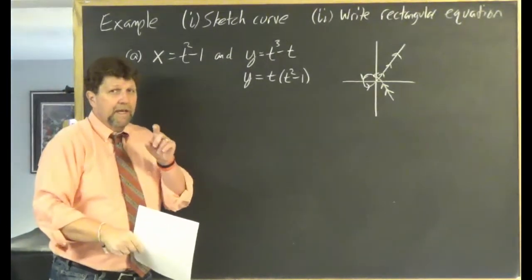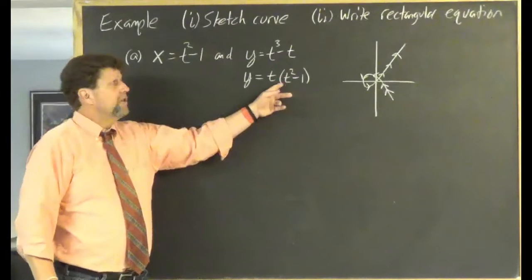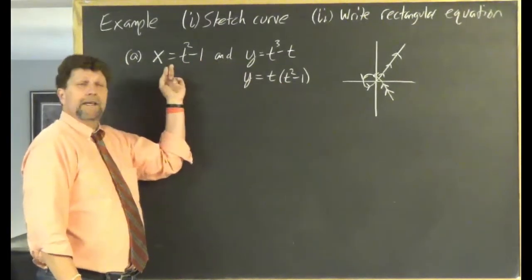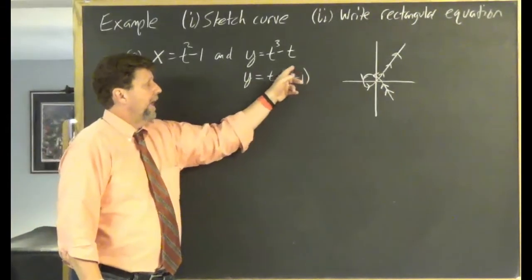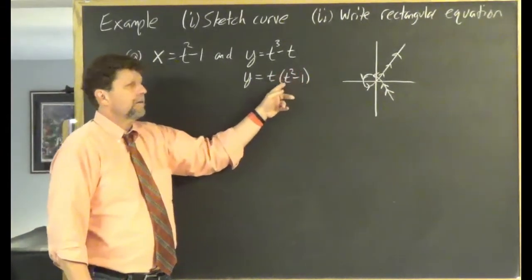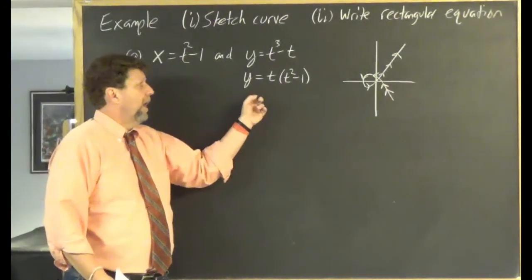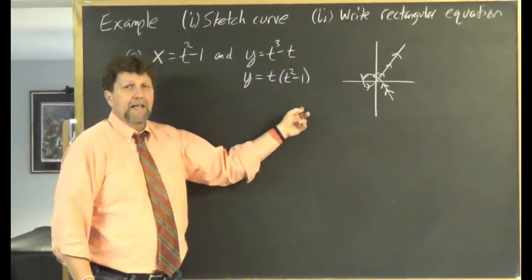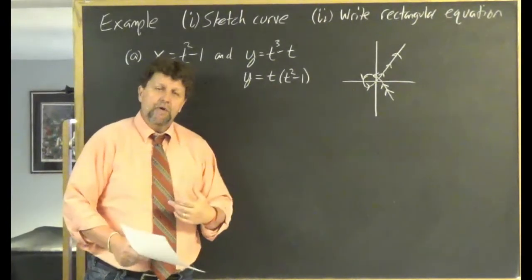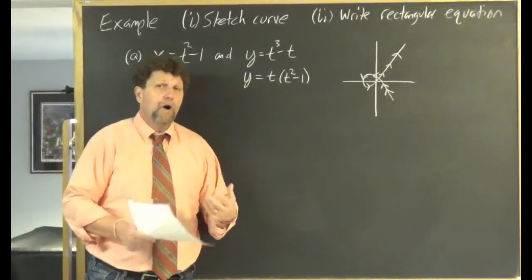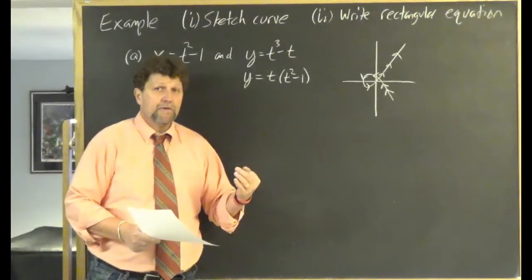Now I think I am getting somewhere because here's a t squared minus 1, and I know t squared minus 1 is x. But I can't have y equals t times x. That is not a rectangular equation. A rectangular equation will just have x's and y's in it, not a third variable. It's not going to have the parameter t cruising around.